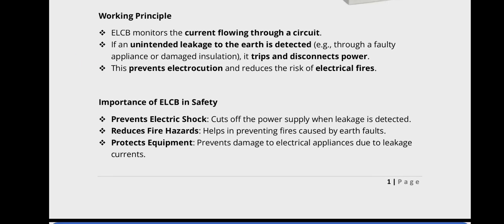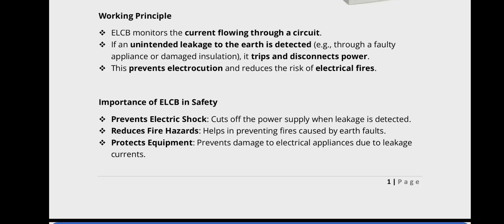Now, what is the importance of ELCB from a safety point of view? It prevents electric shocks, that means it cuts off the power supply when leakage is detected. For example, we are using a mixer in our home, and we don't know there is a cut in the cable, and water has entered the winding of the mixer motor, so it may directly touch the grounding, and we don't know at that moment.